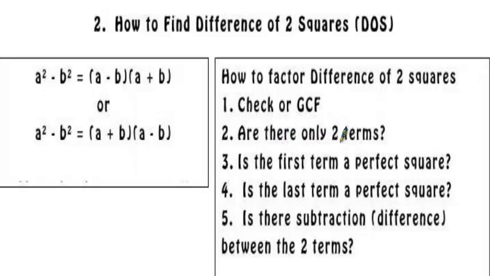Now, if we have two terms, ask yourself, is the first term and last term a perfect square? And it's very important that the operation between the two terms is subtraction. Once we satisfy all of this, then we can use this method to factor a given expression.